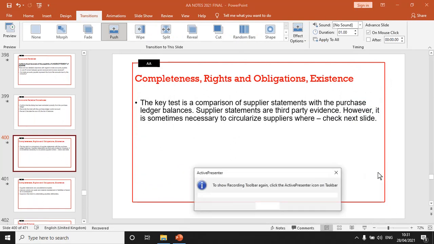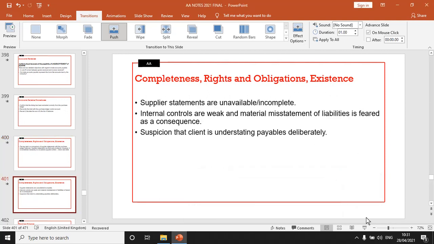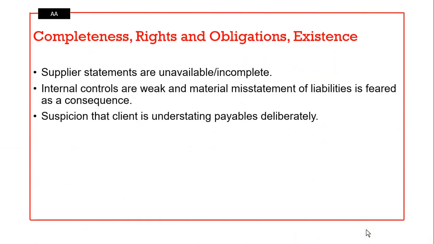So what are some of the circumstances where there's need for circularization? There is the situation where supplier statements are not available or they're incomplete. You may have to do circularization, that is confirmation with a sample number of your client's suppliers.